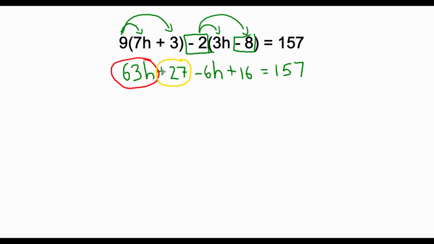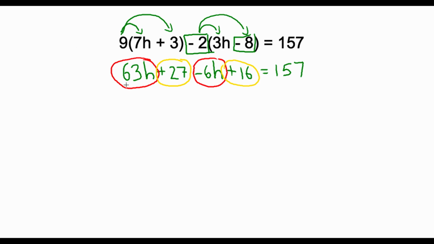So the 27 has a plus, and then the 6h has the subtraction. So I'm going to think of that as a negative, and then going back to the 16, that also has a plus. Now, the reason why I use the yellow for these two is because they're both constants, and red because both of them are algebraic terms and they both have h's, so they are like terms.